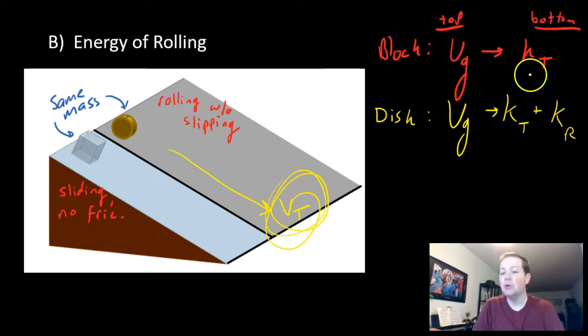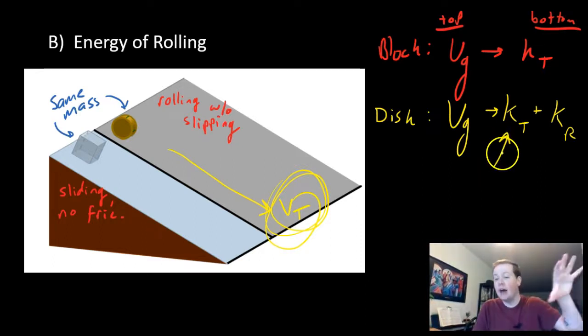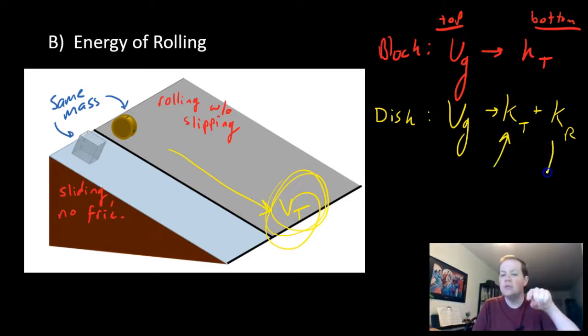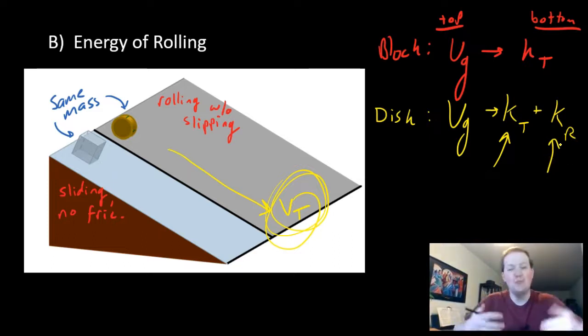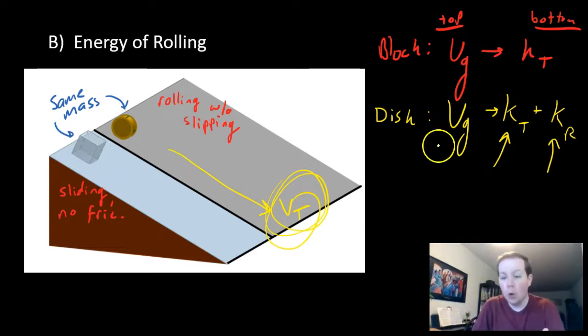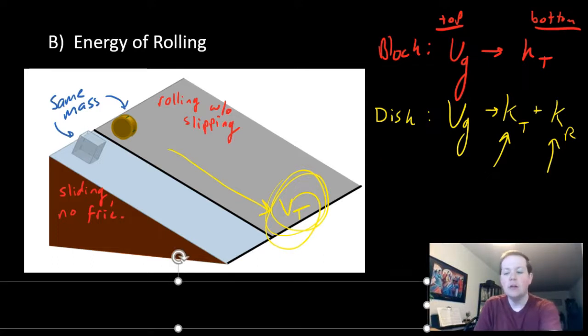It's going to be the block, because the disk has to convert some energy not just into translating, not just into going down the ramp, but also into rolling, into rotating. So because they have the same energy in the beginning and the rolling object consumes some energy to roll, it's going to have less energy available for translating.